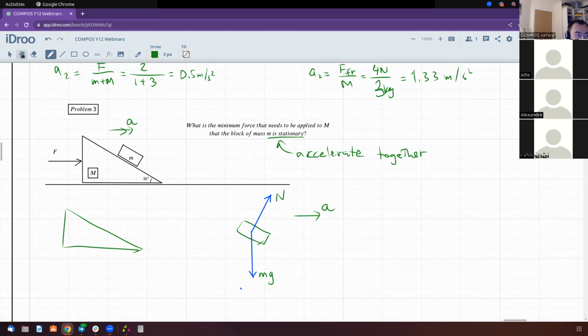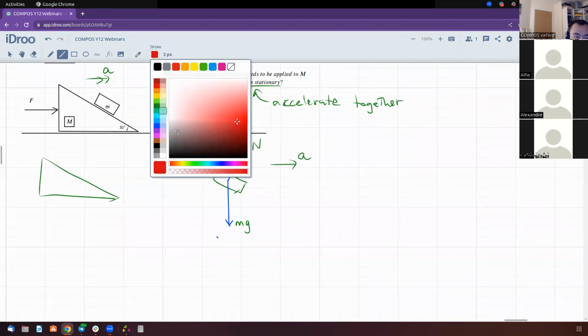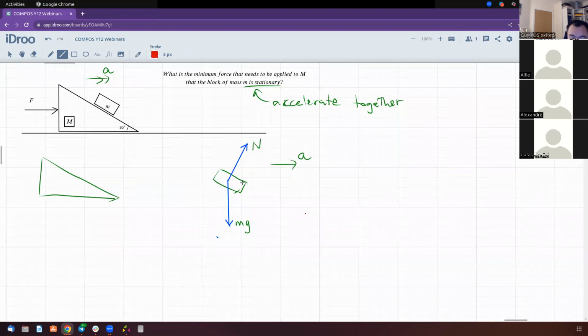So here we do quite an unusual thing, because normally we split into components up and down the slope. But because we're not moving along the slope, it doesn't make sense to do it that way. It makes sense to do it parallel and perpendicular, well, vertical, up and down.